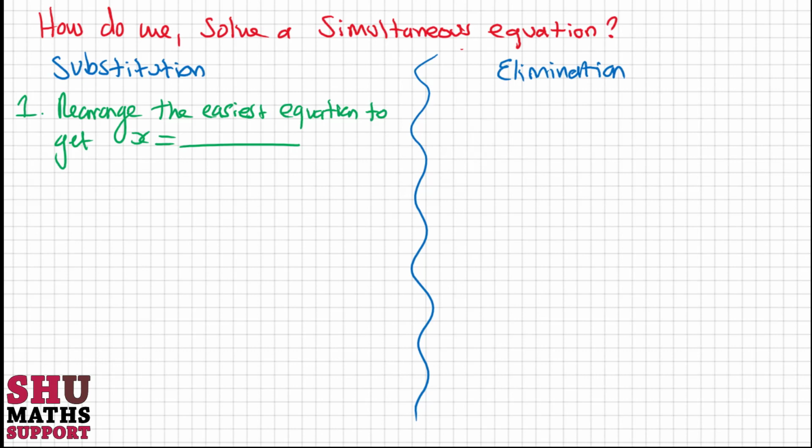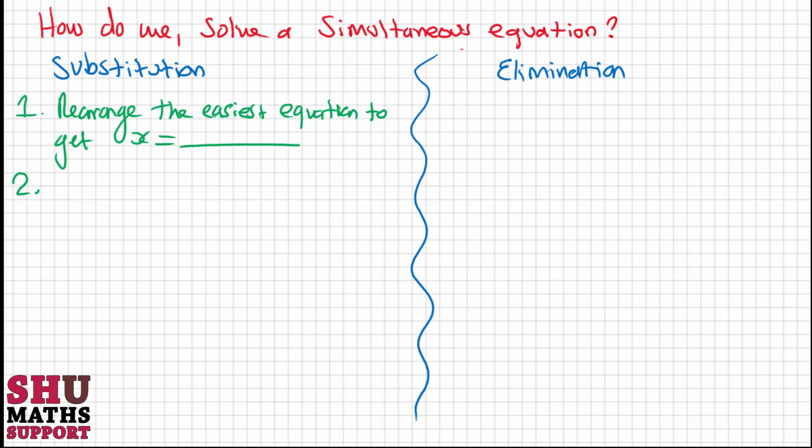So step 2, we need to substitute x into the other equation that you did not choose in step 1, and then simplify this to obtain the value for y. So if you think about it, if we have two sets of equations, and we rearrange one equation to x, so that is x is equal to some stuff that's just in terms of y and constants, then when we substitute x into the other equation, the whole thing is going to be in terms of y's and some constants.